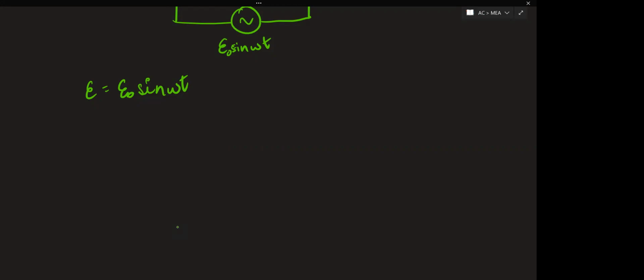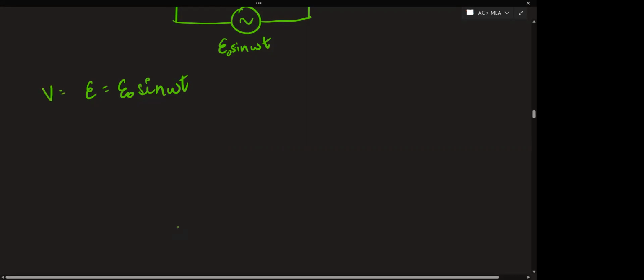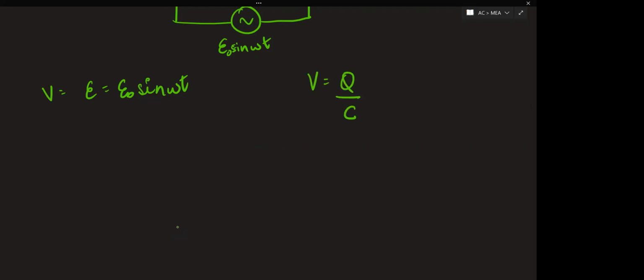The potential difference is E, which is E naught sine omega t, and V is equal to Q divided by C as well. From here, you can write Q as CV. So V is E naught sine omega t, and Q becomes C into E naught sine omega t.